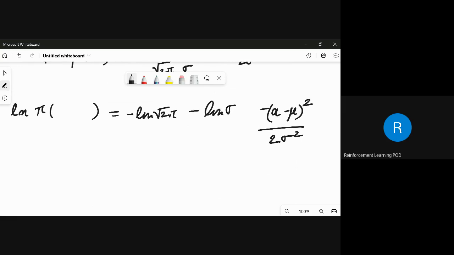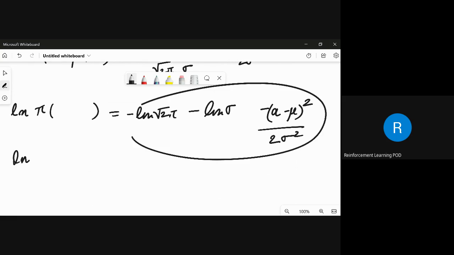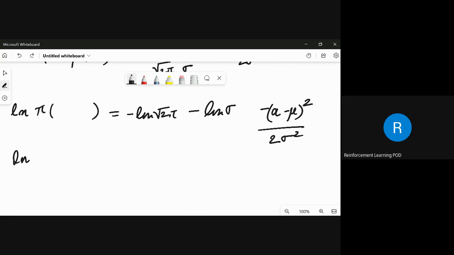Now that we have expanded this, we can derive the change for every parameter, which is mu and sigma. Let's start with mu.